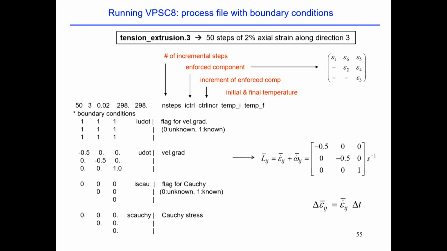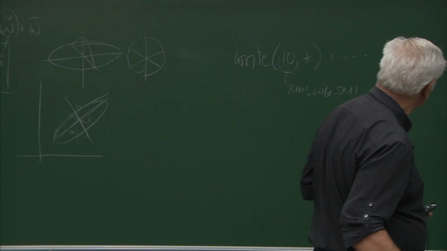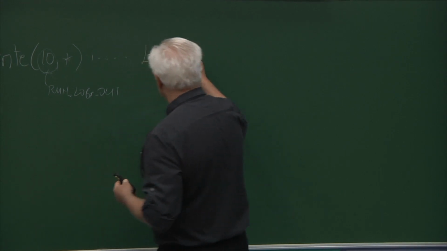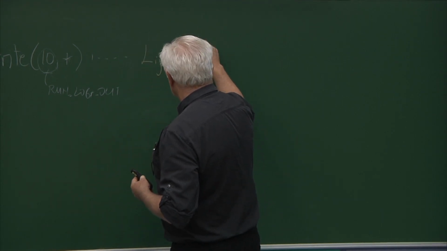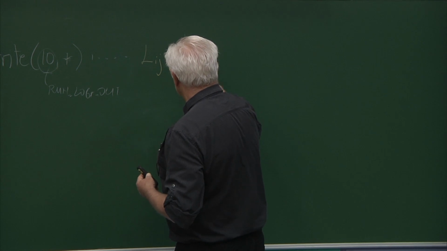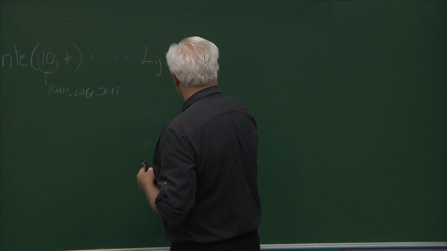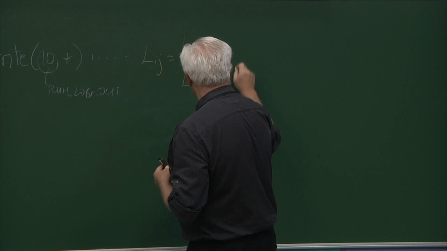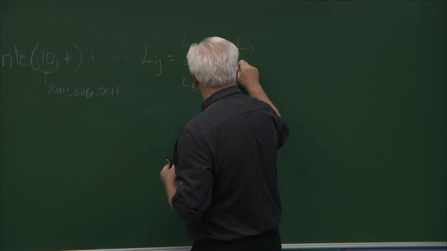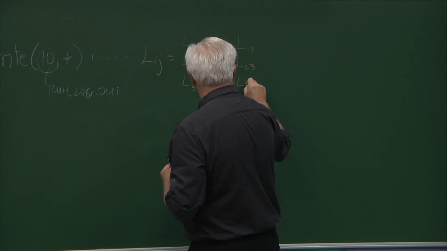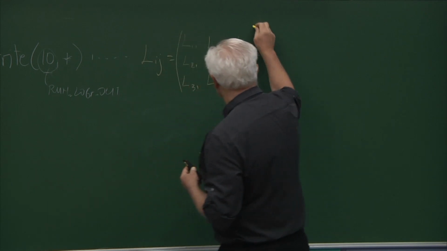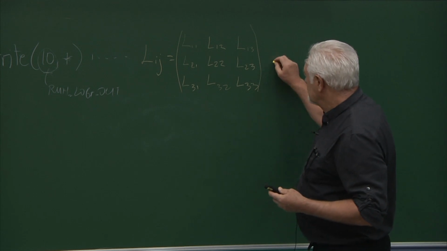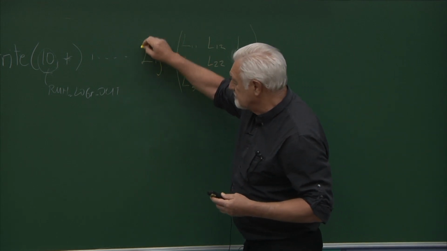So if you have your velocity gradient, Lij, with components L11, L21, L31, L12, L22, L32, L13, L23, L33, what we said is this is the macroscopic one.